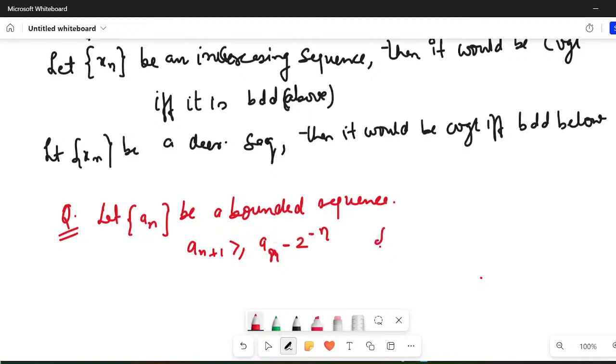We need to show that an is a convergent sequence. So this is the first question that I'm taking right now.